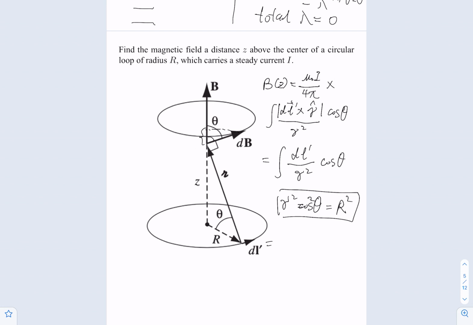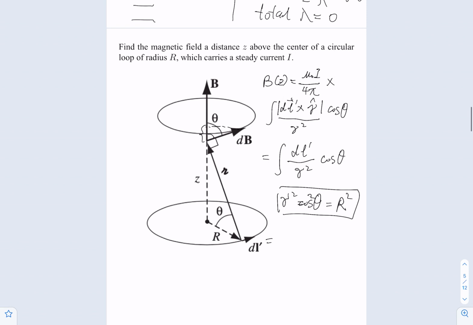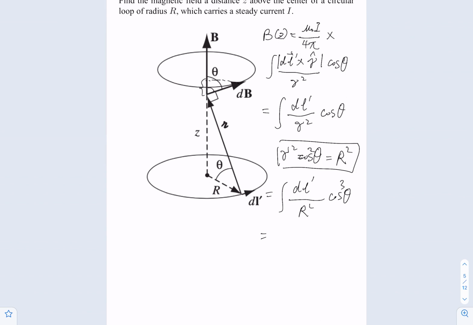Then this integral can be related to dl over r squared cosine theta cubed, and dl equals r times d theta.